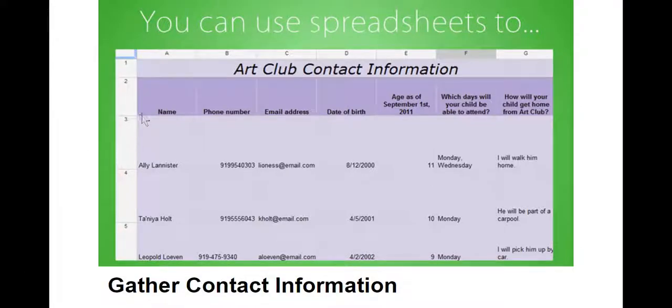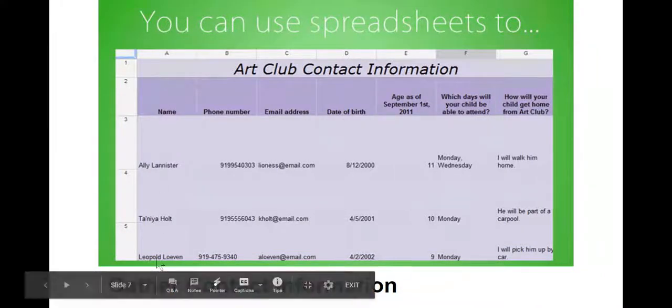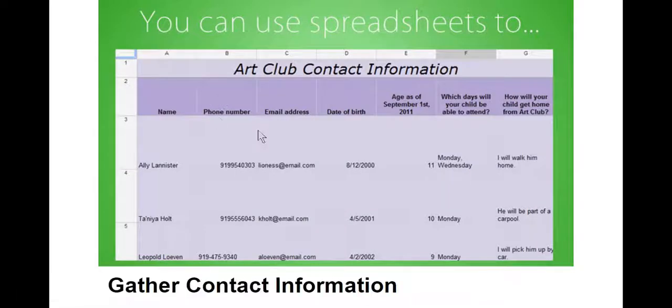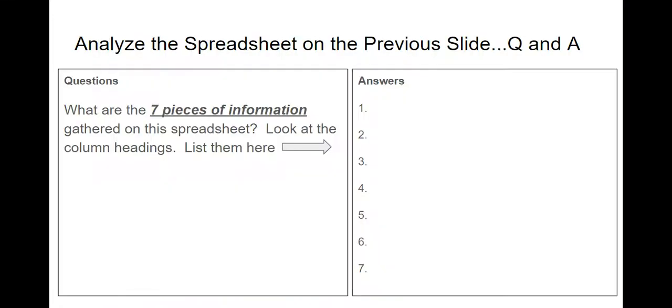In this spreadsheet, you'll see art club contact information: the names of the people in the art club, the phone numbers, the email address, the date of birth, column E, age as of September 1st, 2011, column F, which days your child will be able to attend, and column G, how will your child get home from art club? So you can use spreadsheets to gather contact information. You're going to go back to the slide and answer questions about the previous spreadsheet.